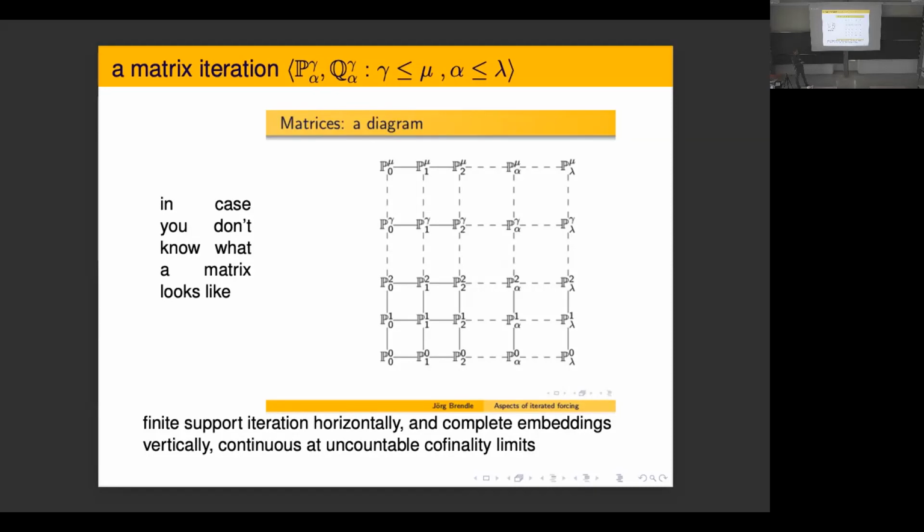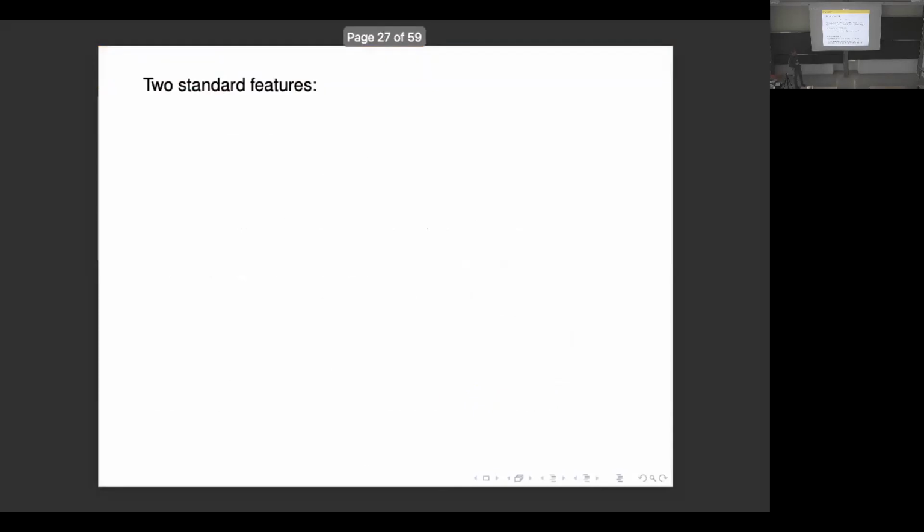But here, that's not true. So as my picture was going to show you, if the cofinality of lambda was equal to mu, then you would have a diagonal situation where you're taking your time about when you're demanding coherence. That would have been the very nice picture I had drawn.